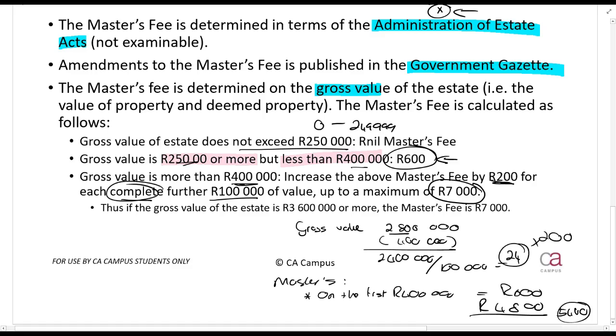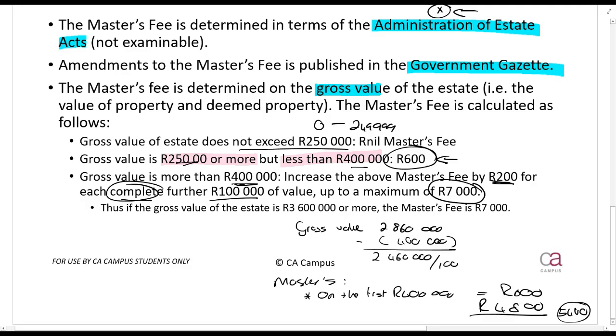So let's say this was not 2.8 million here, right? Let's say it was 2.86 million like that. So 2.86 million minus 400,000 gives us 2.46 million.